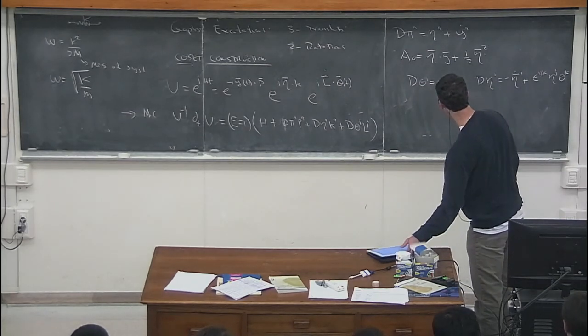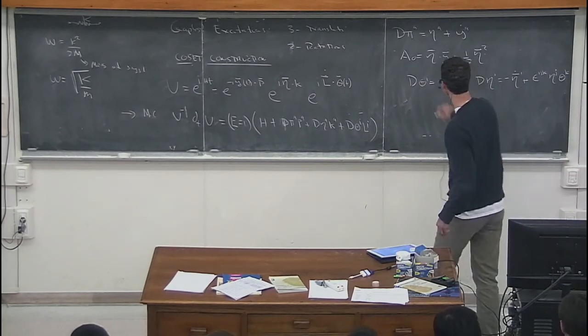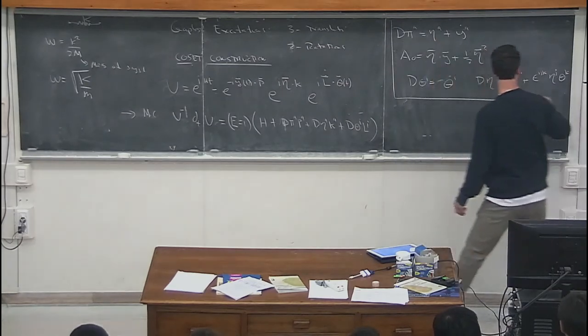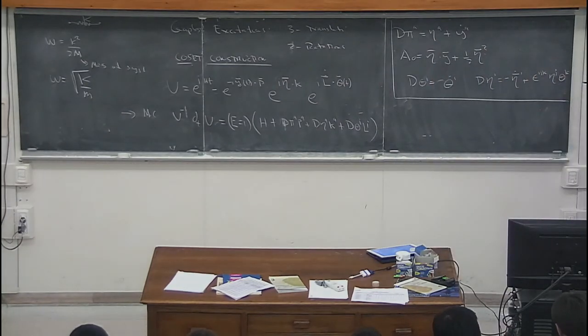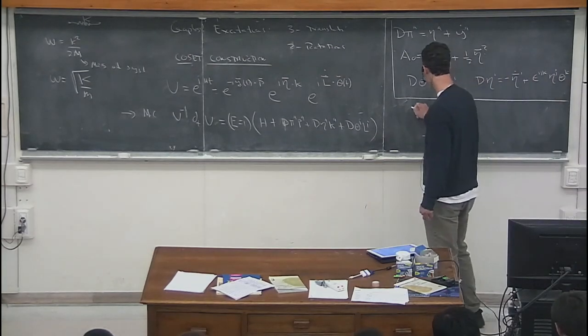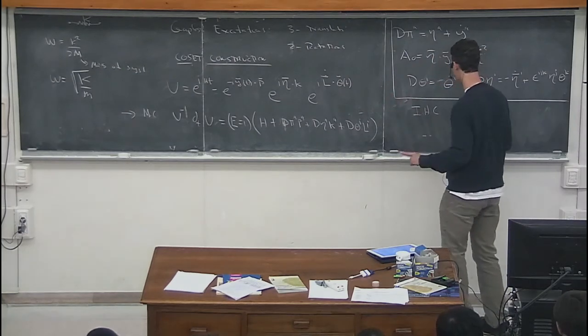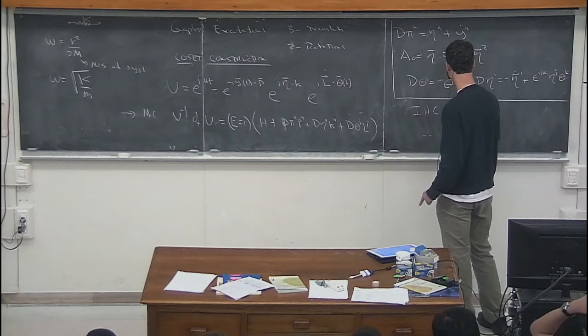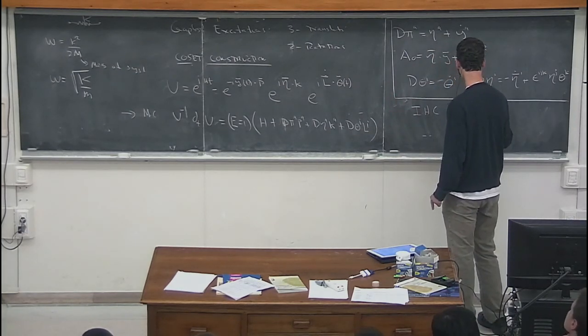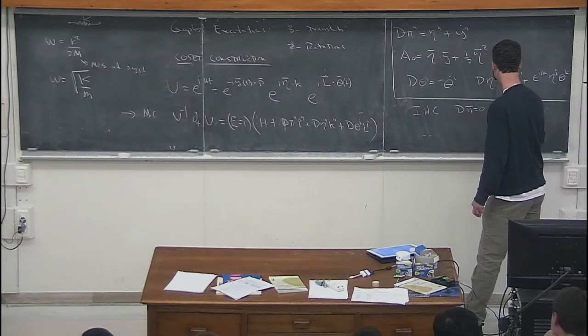So the point particle is what it was before. So we have our inverse Higgs constraint, which is the same as it was before. And before we finish, I'm going to tell you how to know when there's an inverse Higgs constraint. So I'm going to set D pi to 0, which is again going to tell us that y dot is eta.